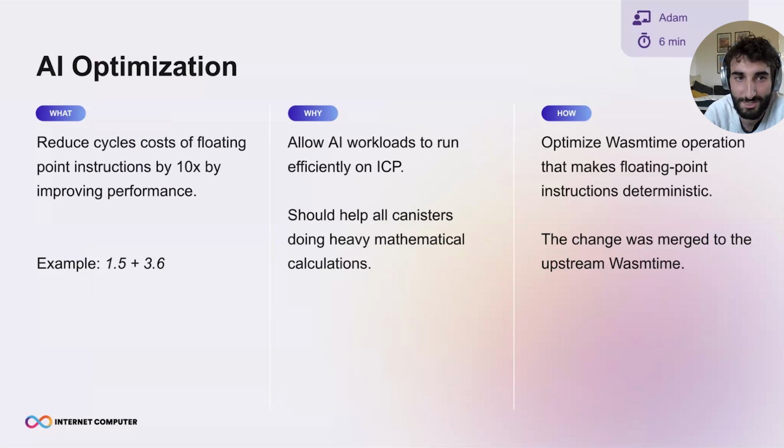A floating point operation is just anytime you have code that's working with fractions and doing math with them, like this example below. We looked into this to improve running AI workloads like the image classification example in Dom's video, but it should also help any canister that's doing significant mathematical calculations with floating points, like a physics simulator or something like that, maybe.